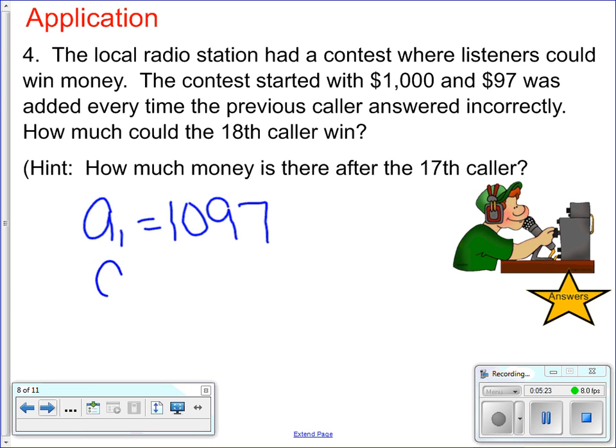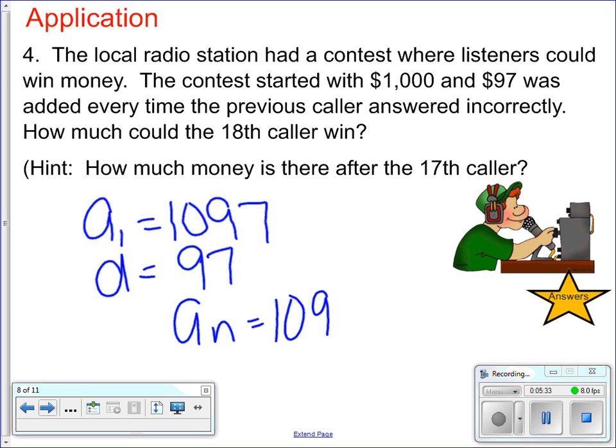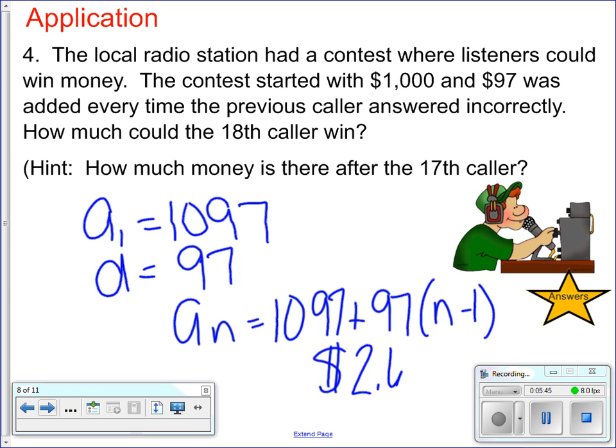My common difference is $97. So I put it into my equation, a_n equals the first term plus the common difference times n minus 1. If I put 18 in for n, they will win $2,649.